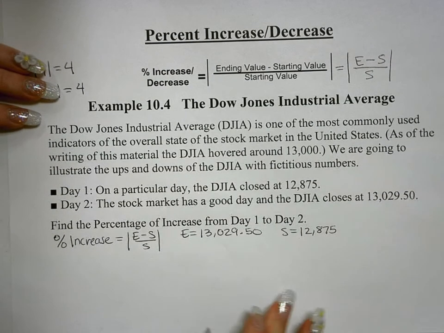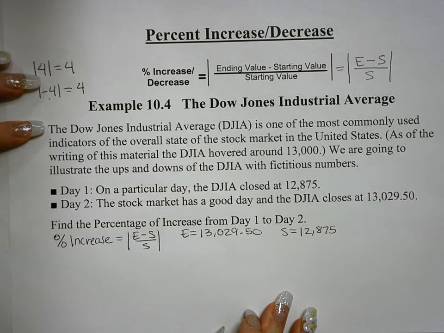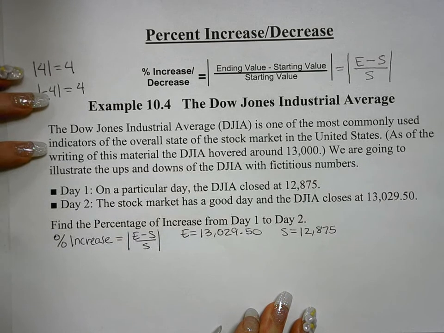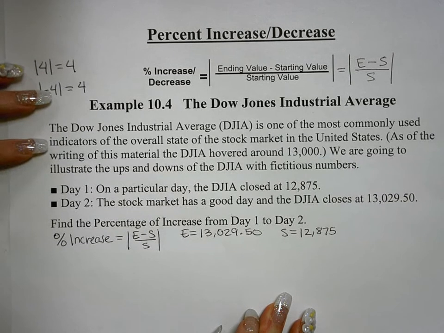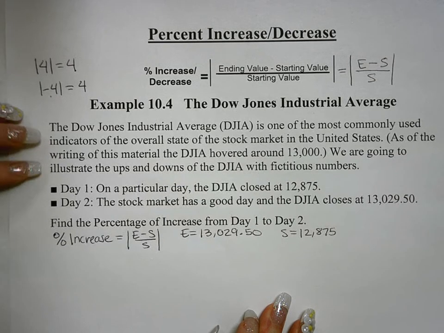This is dealing with the Dow Jones Industrial Average. What it states is the Dow Jones Industrial Average, or the DJIA, is one of the most commonly used indicators of the overall state of the stock market in the United States. As of writing of this material, the Dow Jones Industrial Average hovered around 13,000. We are going to illustrate the ups and downs of the Dow Jones Industrial Average with fictitious numbers.